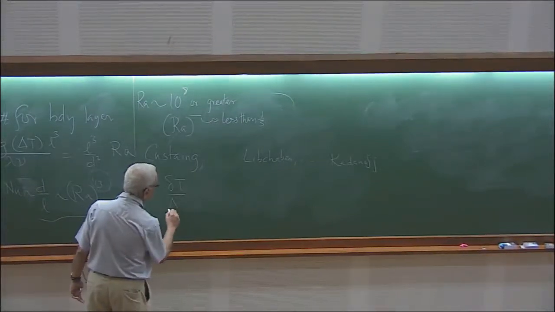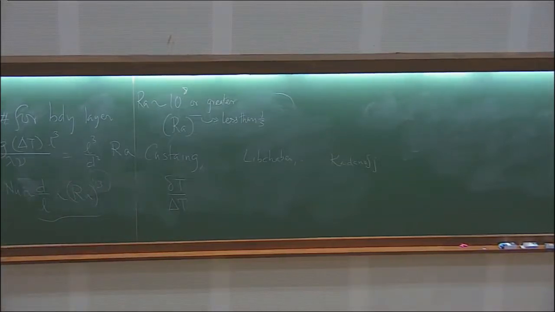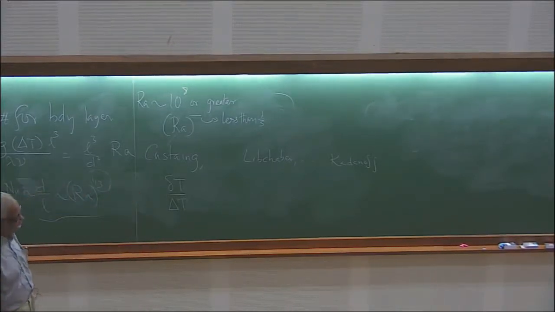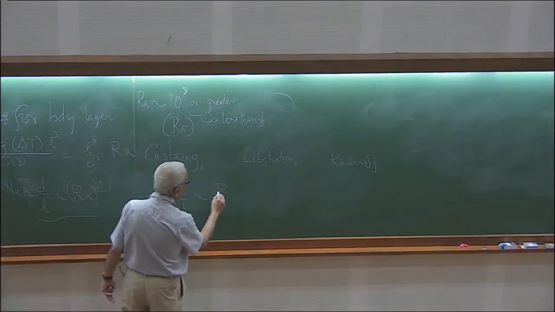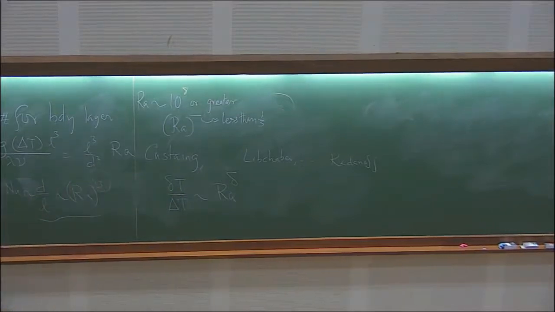And the way to characterize delta T, of course, is through the ratio of delta T to the whole delta T, so the fluctuations relative to this. They had to fall off as Rayleigh number increased, and it was characterized as Ra to the power delta. I have purposely written it as Ra to the power delta, because at the end of the day, if everything is consistent, delta should turn out negative.